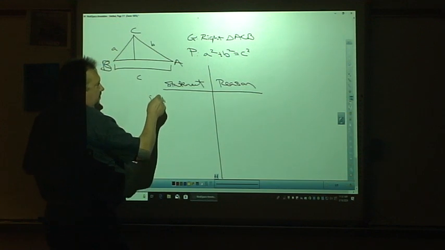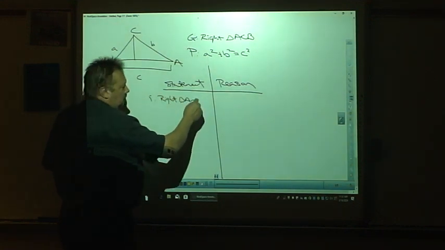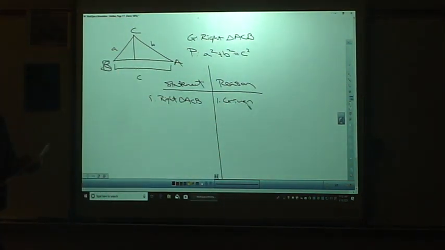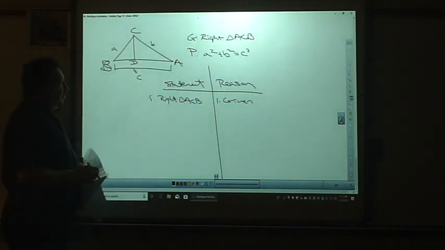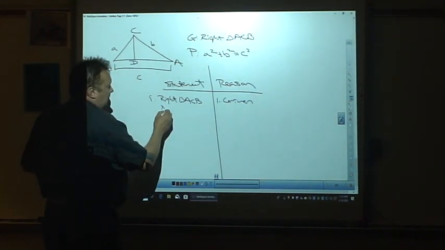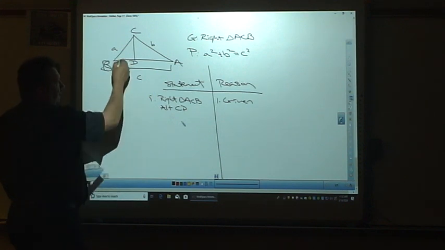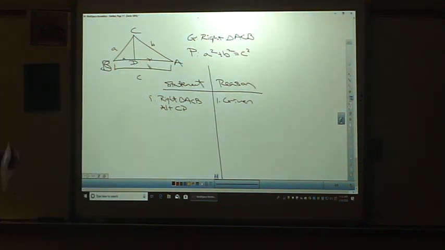Again, start with our given. Let's say that this is our altitude CD. And I'm going to label these two segments X and Y. And I'll start by using actually the legs and those segments.